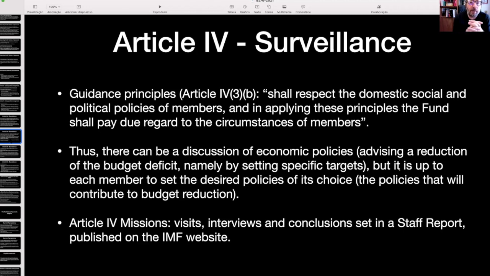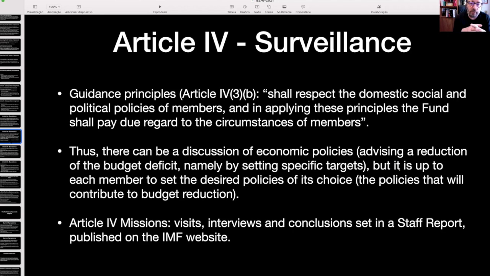Now, the IMF does have this policy mandate, Article 4, Paragraph 3, Proviso B, that they have to respect the domestic, social, and political policies of members, and to pay due regard to the circumstances of members. So the IMF is not supposed to second-guess member states as to their policies.